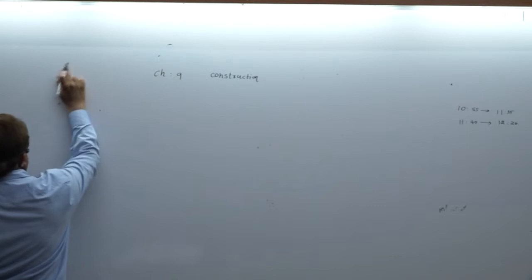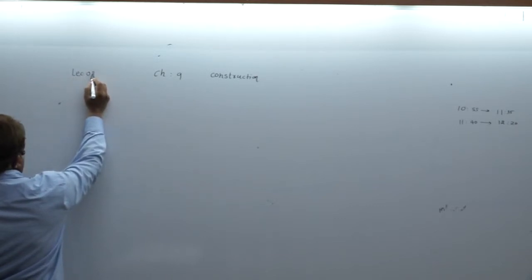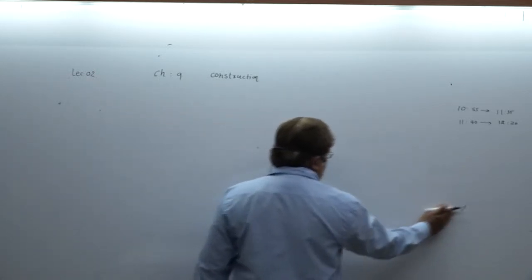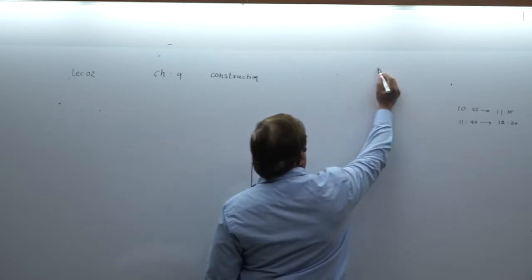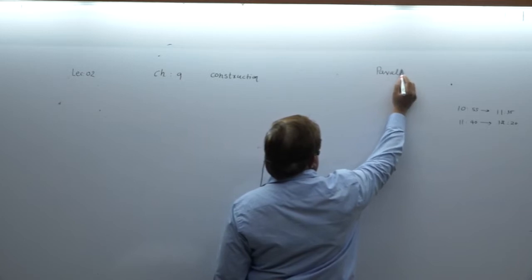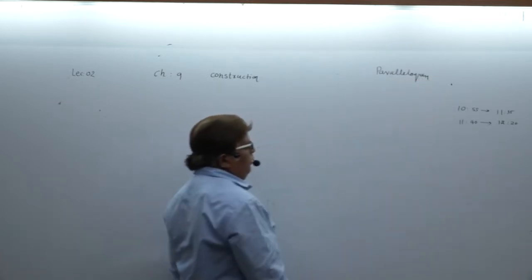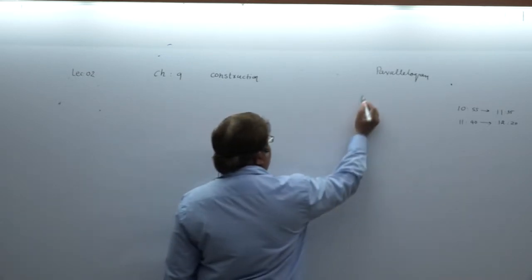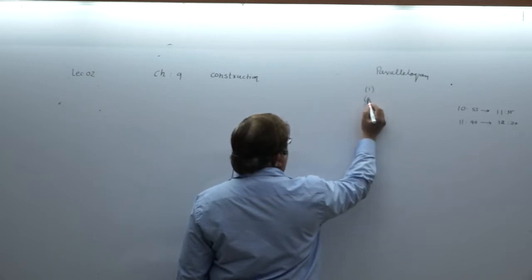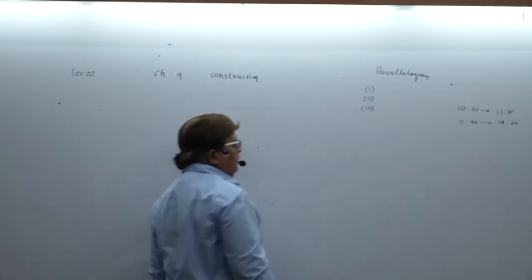Understand, in today's lecture number 2, to be more precise, as far as construction of parallelogram is concerned, in this particular section you have to construct parallelogram under given three conditions.